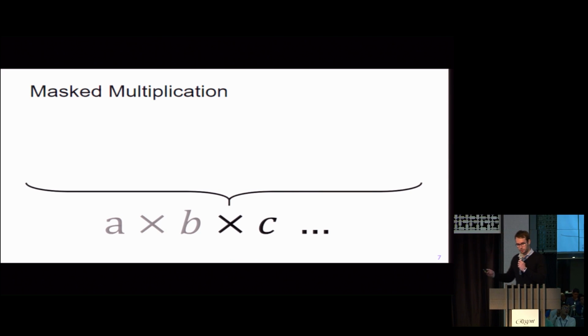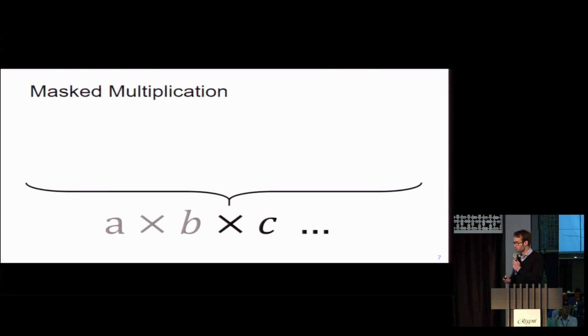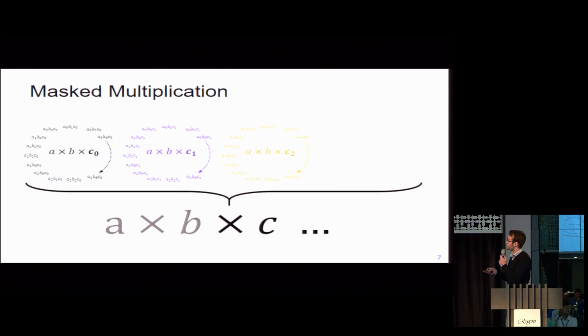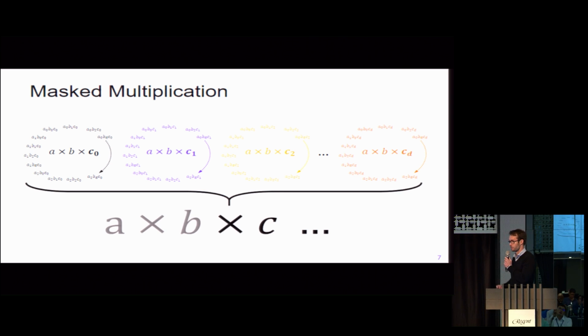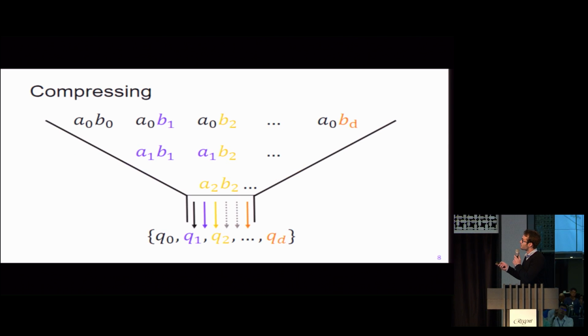But if we would go on into the next nonlinear operation, what will happen? We would need to combine the terms from before, so from A times B, with the first share of C, with the second share, and so on. And in the end, this will produce an exponential blow-up. So this is obviously not what we want to have. Therefore, we need something that we call compression.